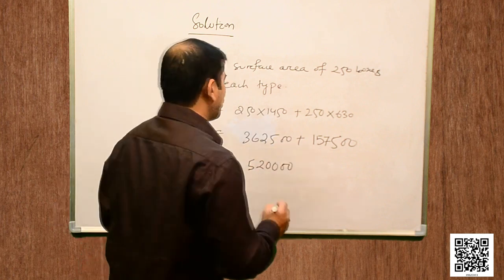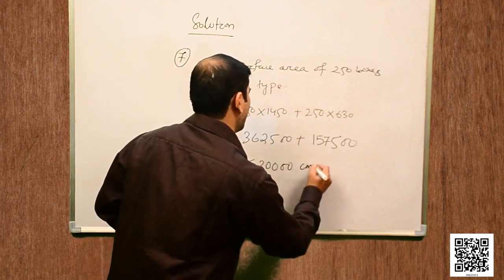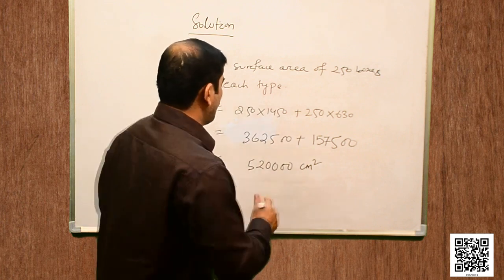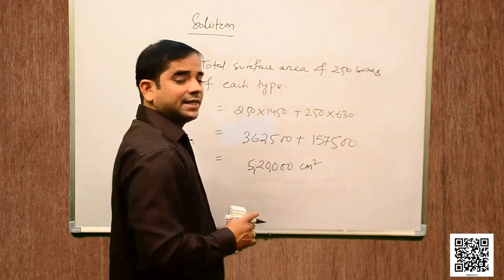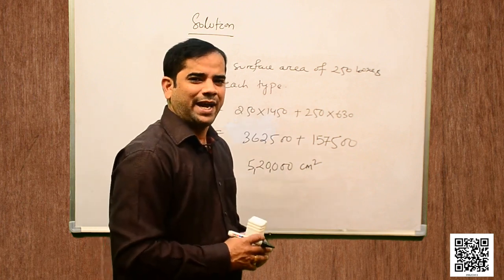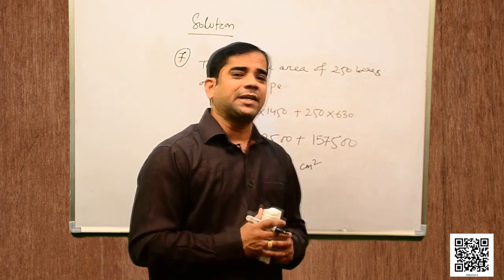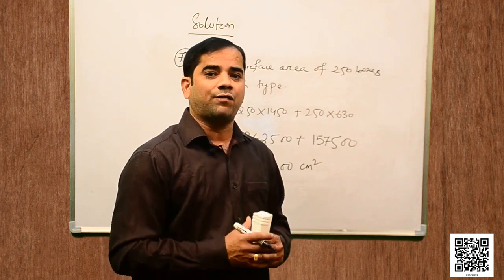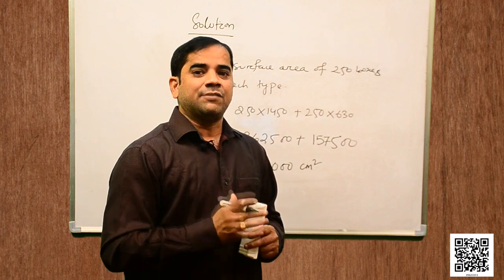So the total surface area for 250 boxes of each type is equal to 5,20,000 centimeter square. Okay.